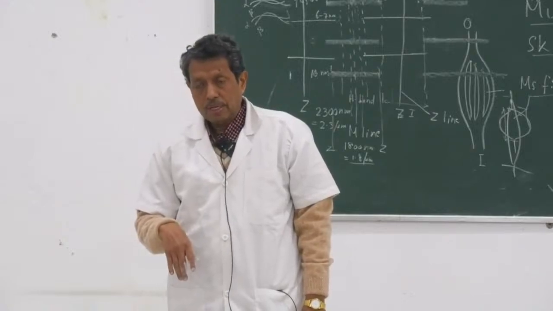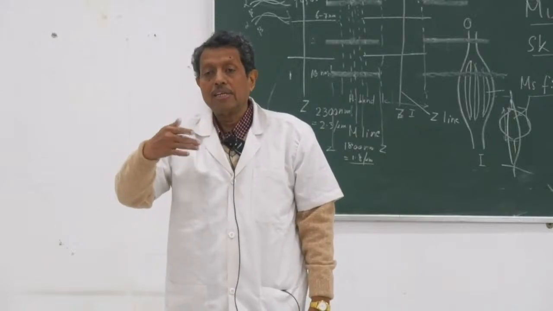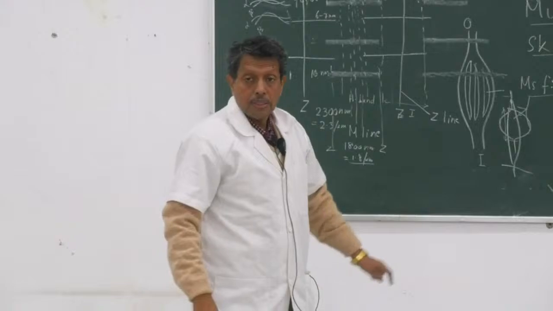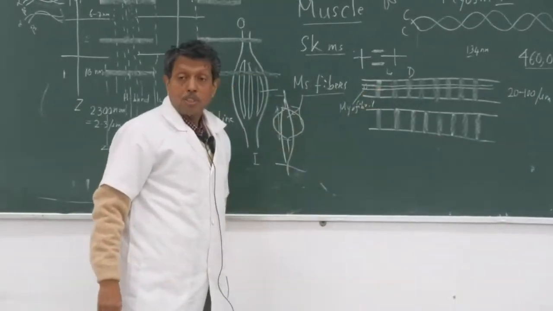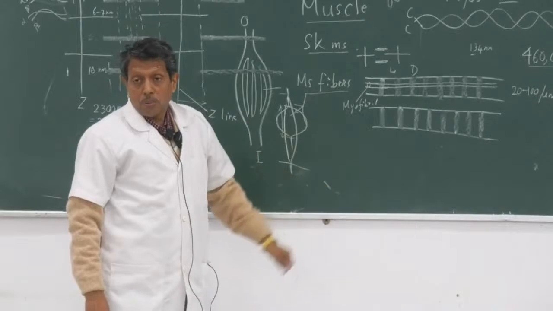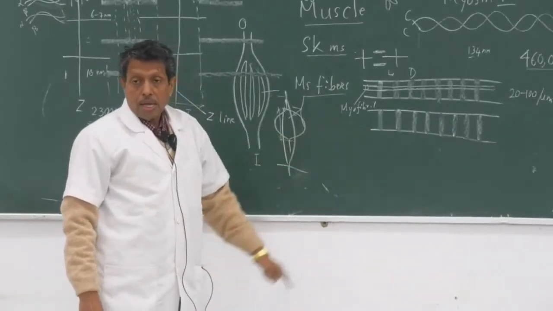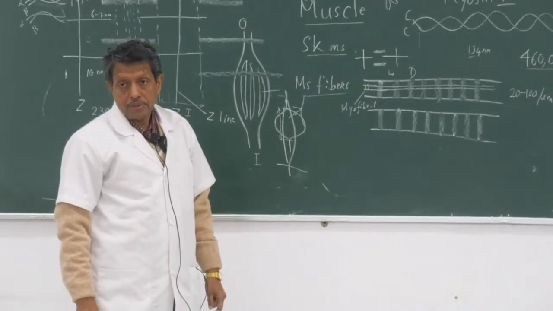They are surrounding these myofibrils. And the cytoplasm contains a good number of nuclei, glycogen, creatine phosphate, and other cytoskeletal elements.